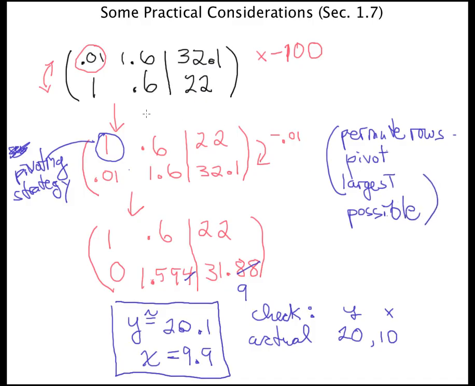So that is to say, if you have a column and you're looking at 1, 1, 0.01, 3 and 2, if these are your choices for pivots, you choose the biggest one and you move that up to the top and you use that as your pivot.